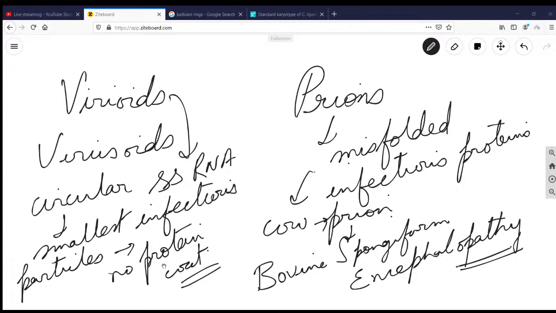That is completely fine. But one triplet codon can never code for more than one amino acid. So that is known as unambiguity. It is not ambiguous that it will keep on coding for multiple amino acids via one codon.